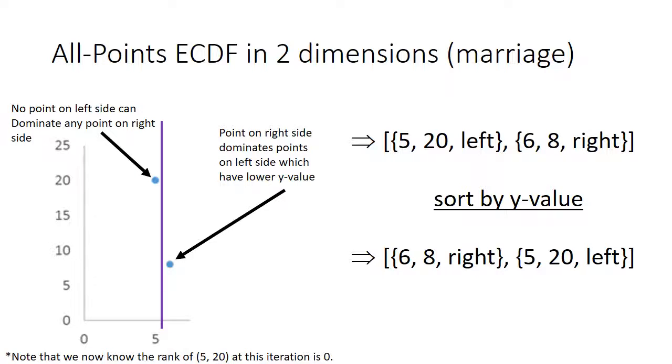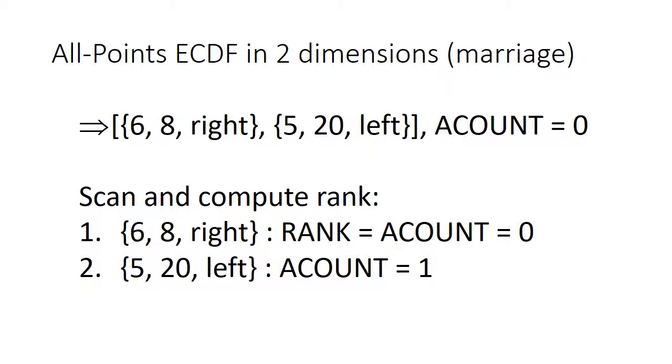At that point, we can perform our scan and see if the point on the right is actually greater in y value than the point on the left. And we can do this by maintaining simply an a count variable. As we scan these values, a count is incremented every time we see something that's from the left side of the line.